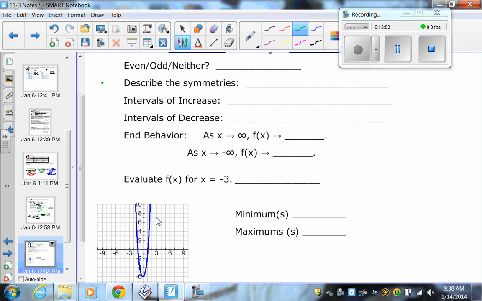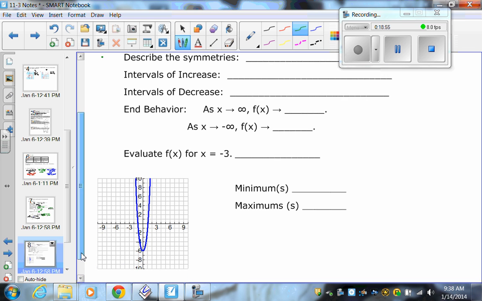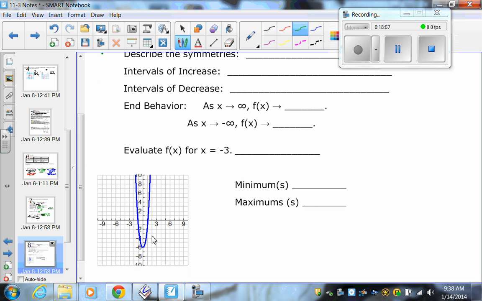Next, I like to calculate all the maximums and minimums. If we look, we only have one minimum, which is right here. And when you calculate that, it comes out to be 0, negative 6. If you calculate your zeros, it crosses the x-axis at 1.1 and negative 1.1.